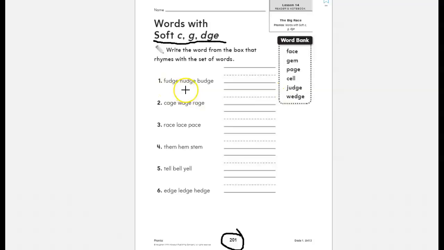Would it be face, gem, page, sell, judge, wedge? Choose a word from the box that best matches with this group of words and write it in the blank.